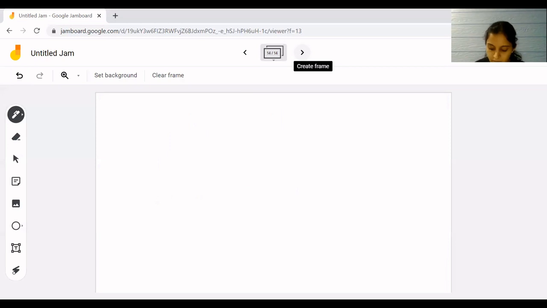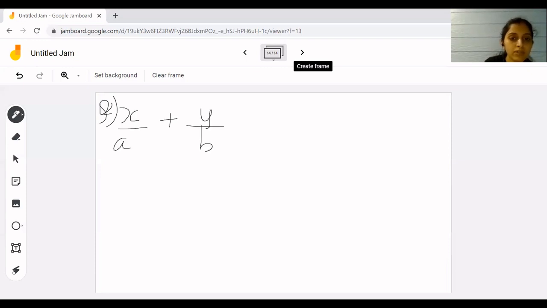So representing them as x upon a, so question 2, x upon a plus y upon b is equal to 1. This is the family of lines with intercepts a and b, okay, where a and b are arbitrary constants. For different values of a and b, we get different lines. Hence, that is called as the equation for family of lines.